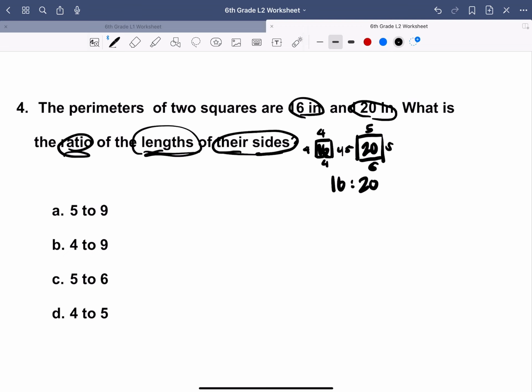So when we're here, we will just write lengths of their sides.